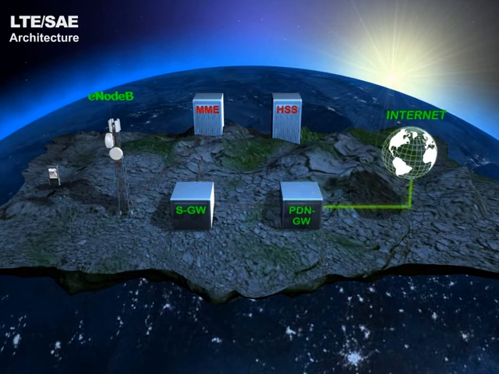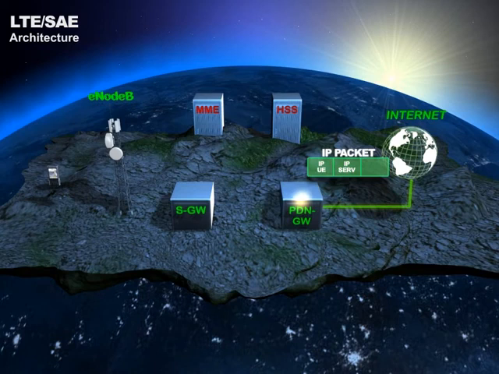So now let's take a look at the user plane. When an IP packet carrying user data reaches the PDN gateway, the network will start to tunnel the packet. The reason for tunneling is to make the handover more efficient from a routing perspective. Tunneling means putting an IP header in front of the original IP packet. Every node in an IP-based network has its own IP address. Let's call it an internal IP address.